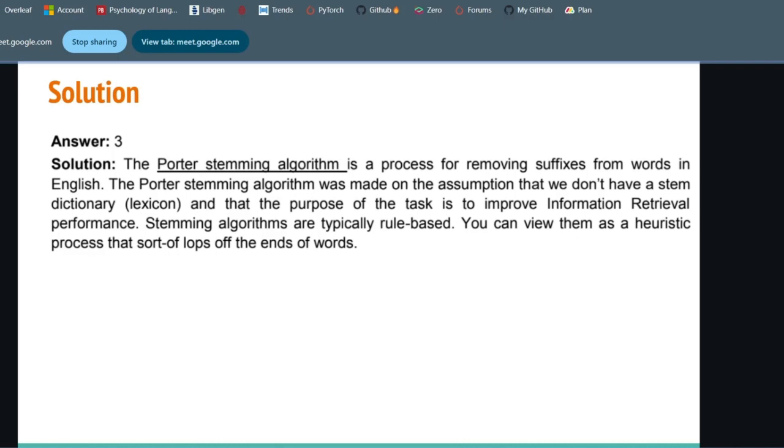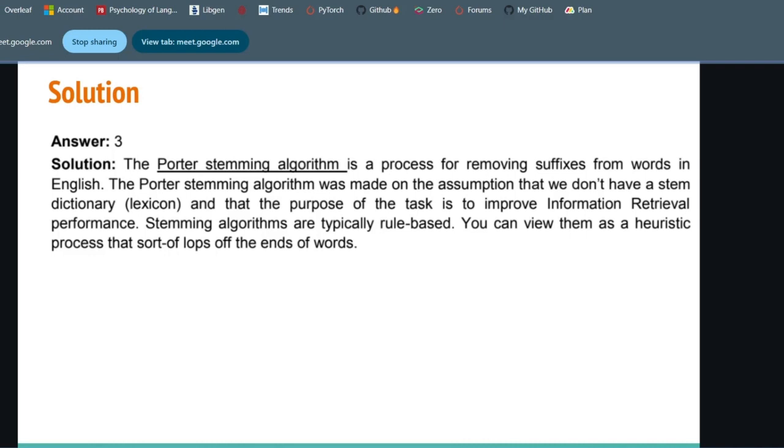So, stemming algorithms are typically rule based. You can view them as a heuristic process that sort of loops off the ends of words. Here one term is information retrieval. You can understand from what the word means: you're retrieving information from somewhere.